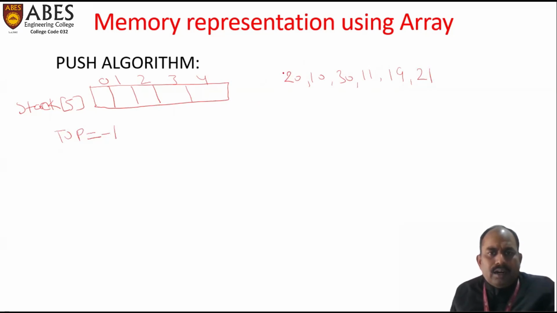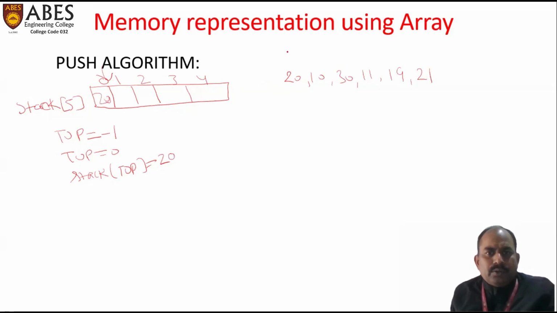If we want to insert 20 here, then firstly we have to set the top value at 0. So we have to put top at this location. So now we set top at 0 and put 20 at stack top, so we put 20 here.